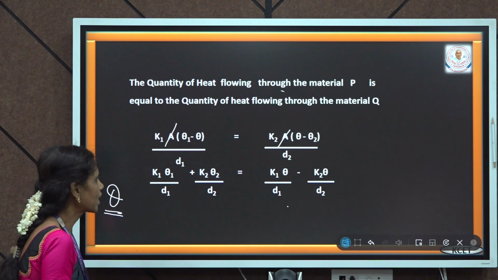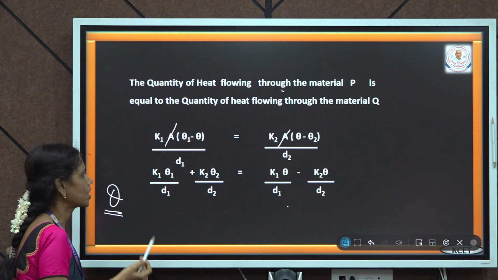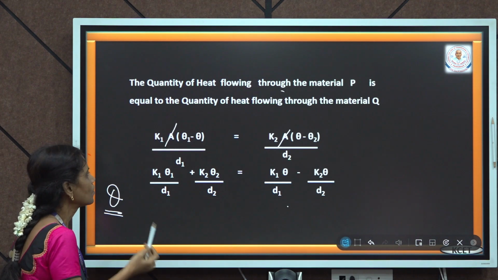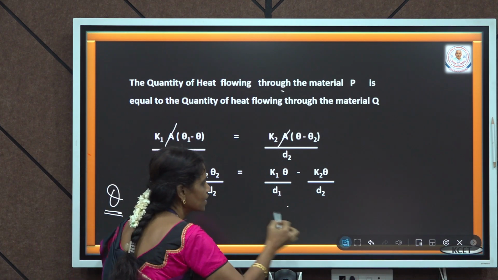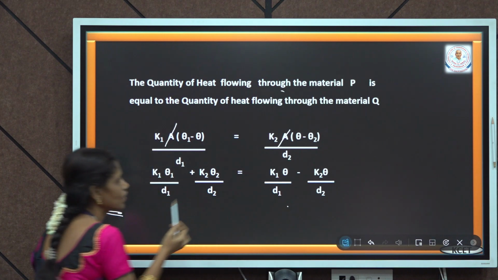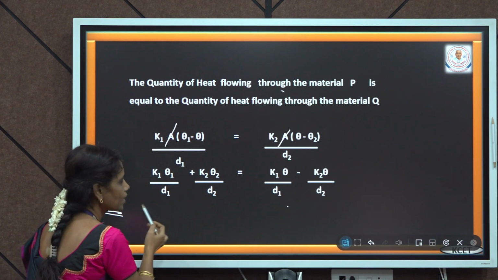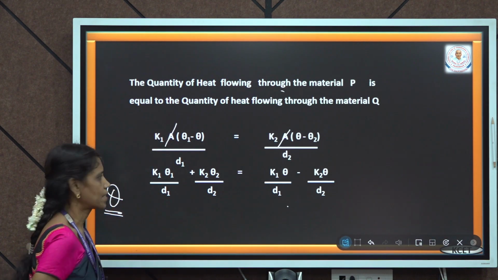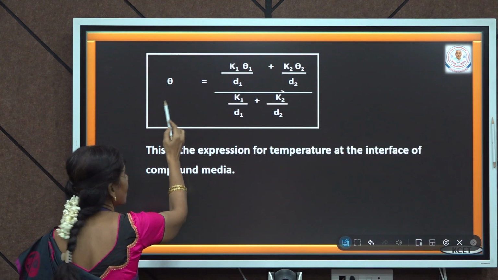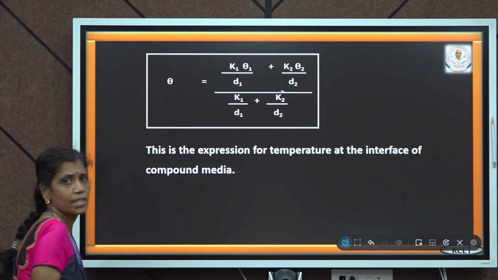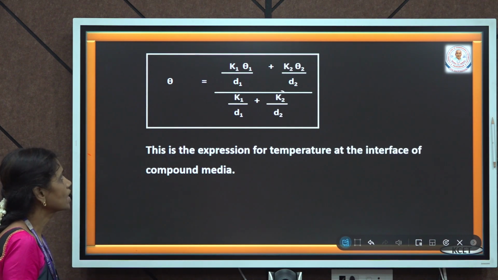So, in order to get the theta value, the temperature at the interface, we are rearranging the terms. The theta values are arranged on one side of the equation, whereas the remaining terms are aligned on the other side. On rewriting the expression, we are aligning the theta value on the left hand side of the equation.